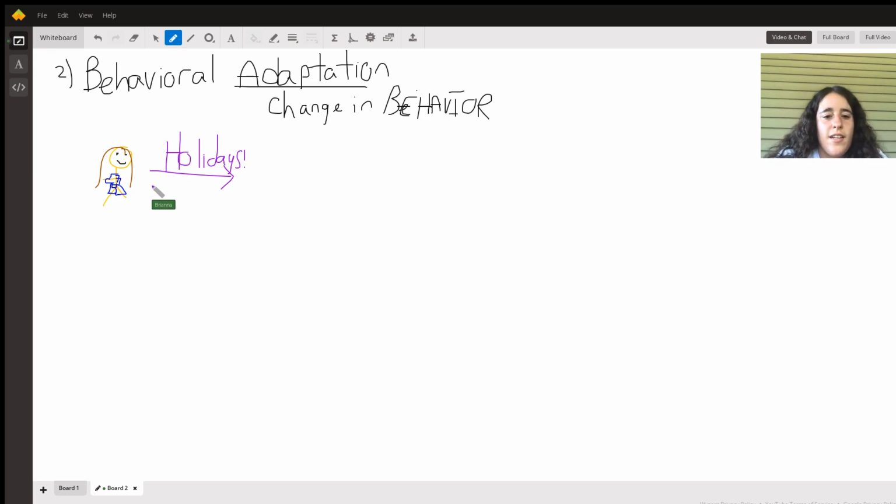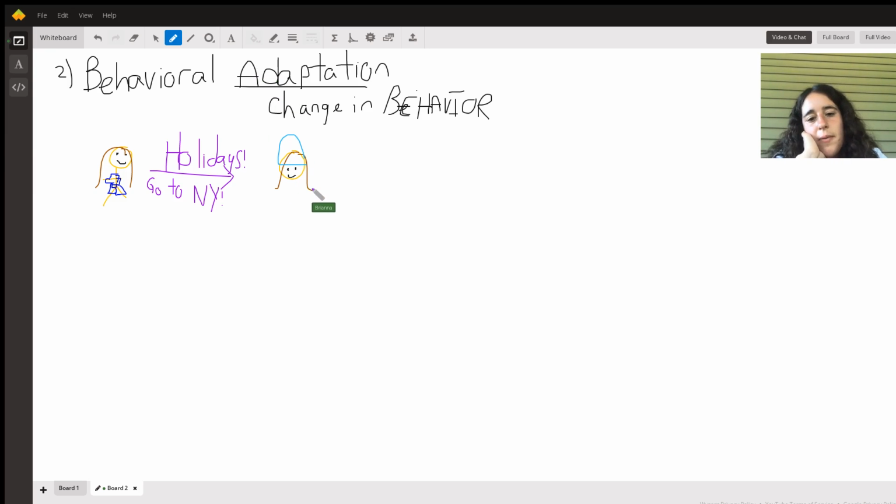Now it's winter, and I'm going to visit my family in New York. In New York, it's very cold in the winter. So I need to change my behavior. When I get dressed in the morning, I'm going to make different choices or act differently. I'm going to choose to wear a hat so I'm not cold.